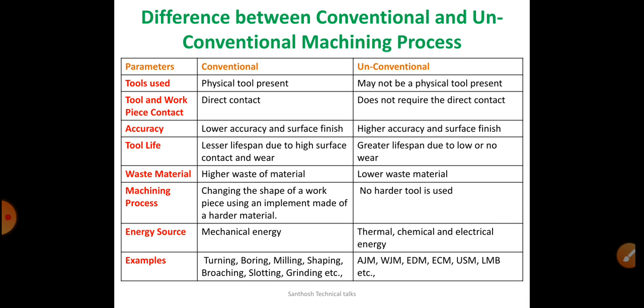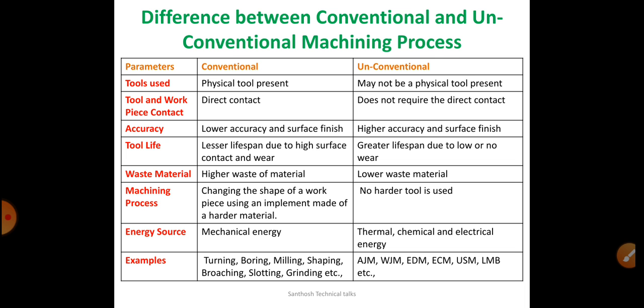Regarding waste material like chips, higher waste material is produced by conventional machining. In unconventional machining, there is lower waste material. Machining processes change the shape of a workpiece using an implement. So what is meant by an implement? It is a single point or multiple point cutting tool, called an implement, made of harder material.